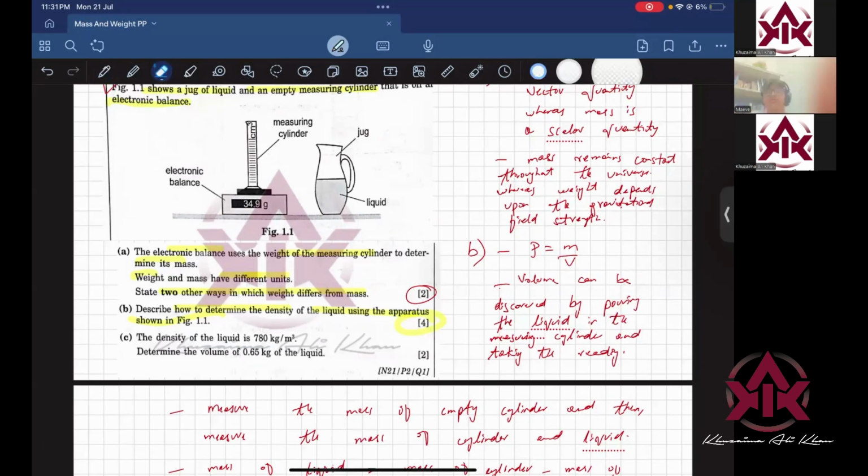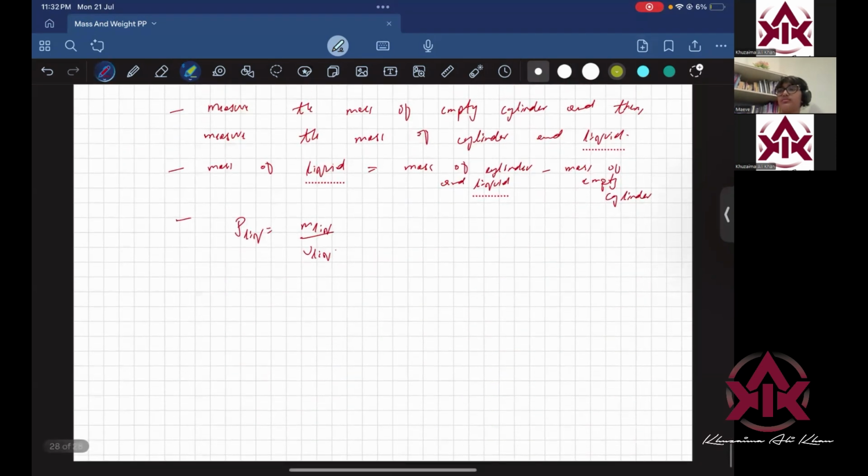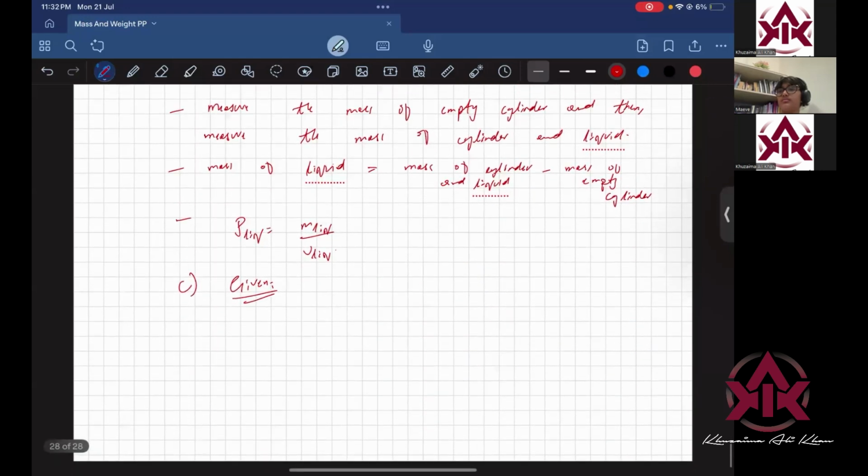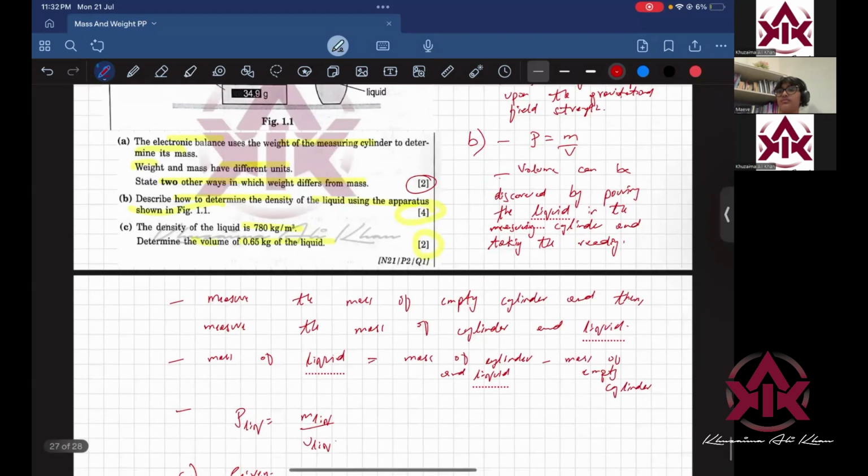So let's see the last question here. It is a numerical. We are given the density of the liquid, that is 780 kilogram per meter cube. You want to find out the volume if the liquid has a mass of 0.65 kg. For 2 marks, you have to be precise and accurate in your working. So let's do part C now. Always write down the data given to you. Given the density of the liquid is 780 kg per meter cube, and the mass of the liquid is 0.65 kg.